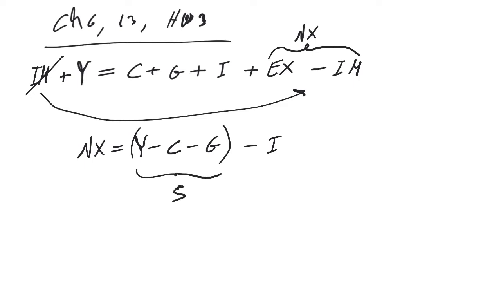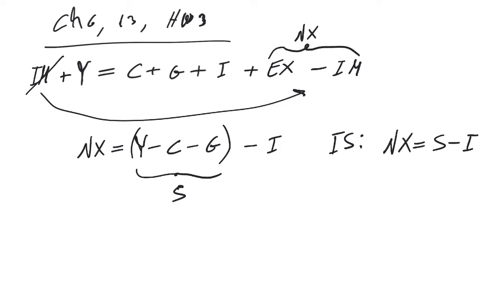And so basically we're converting the IS equation to being NX is equal to savings minus investment.